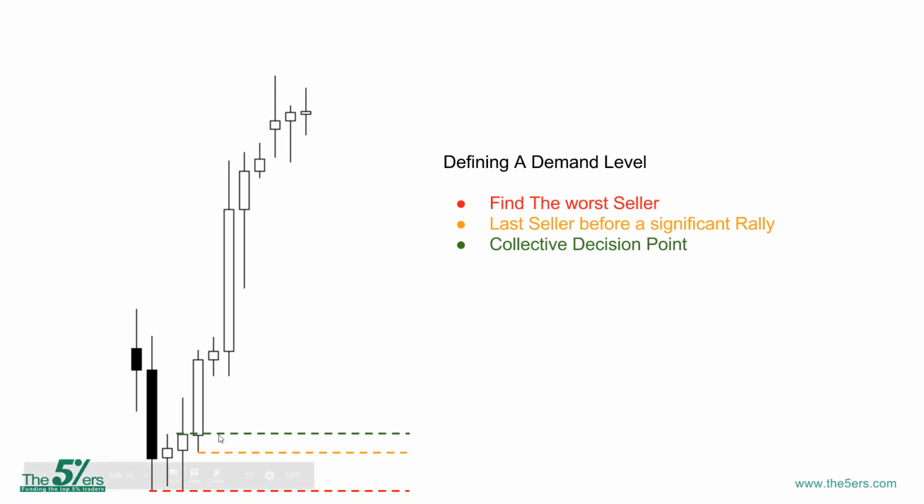So all these orders are waiting here on that decision point, and we are taking the whole zone, from that decision zone to the lowest low, to the worst seller point. We call it the demand zone.